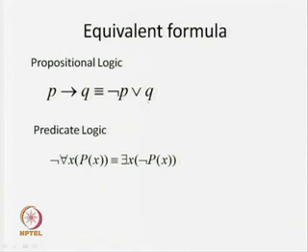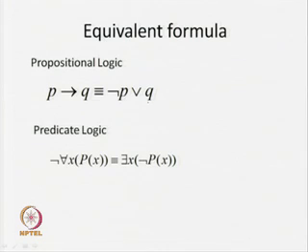It says that for the same assignment of truth values for P and Q, both these formulas will give me the same truth value. If one gives me true, then the second one will also give me true. If one gives me false, then the second one will also give me false.